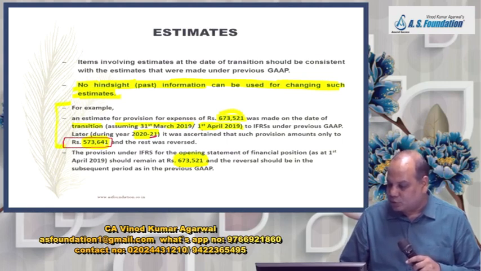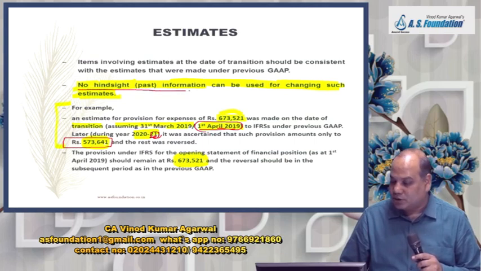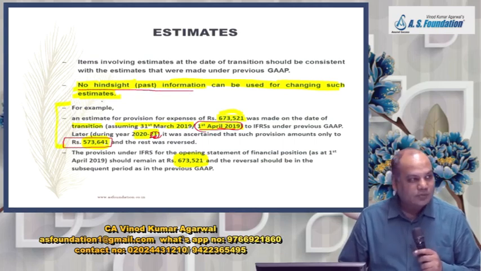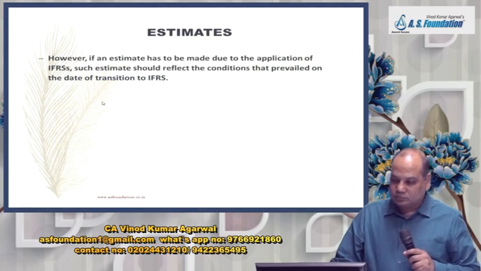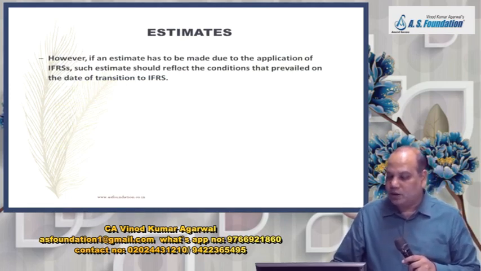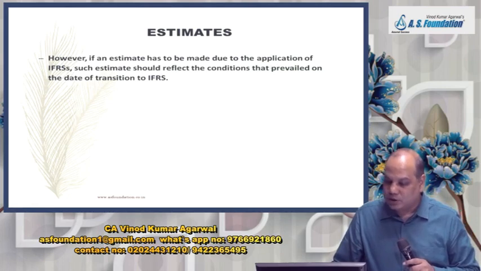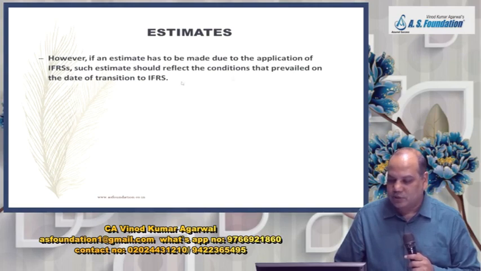Now see how much gap is there, 2-year gap is there. So by the time you prepare this balance sheet, you know what is the actual amount of expense that you will incur. But then there is a note, no hindsight information can be used for changing such estimate. However, if an estimate has to be made due to the application of IFRS, then such estimate should reflect the condition that prevailed on the date of transition to IFRS.